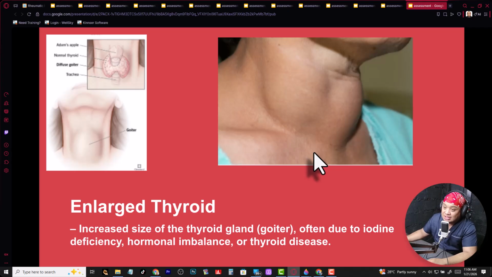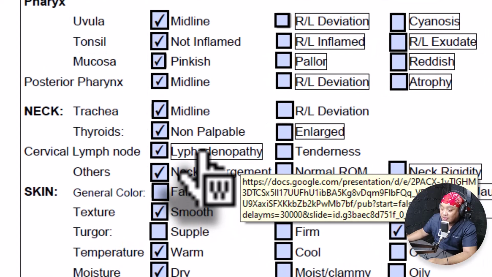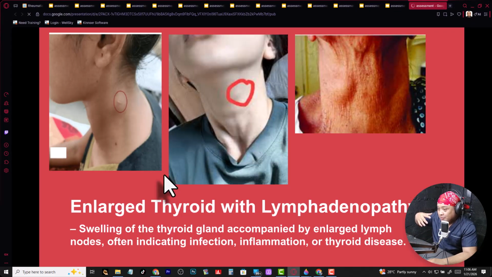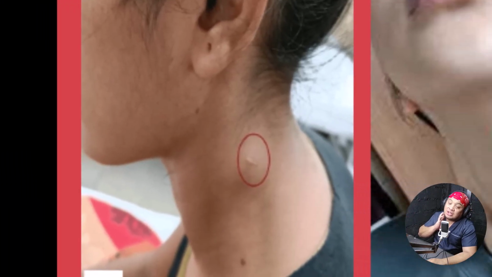Next, let's have a look for the cervical lymph node. We have the lymphadenopathy. We're gonna click on that one, so it will really give you a big idea. Like there's a lot of nodes kasi sa atin. So ma-feel mo dinhi like that.